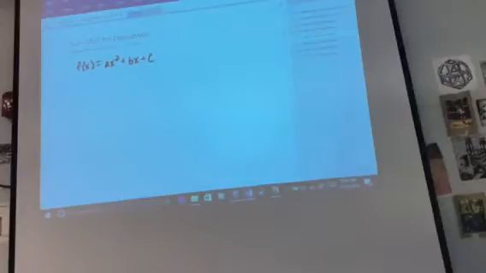All right, it's a standard form equation for a parabola. Okay, it could look like this, and that's if A is greater than 0. Could look like this, and that's if A is less than 0.